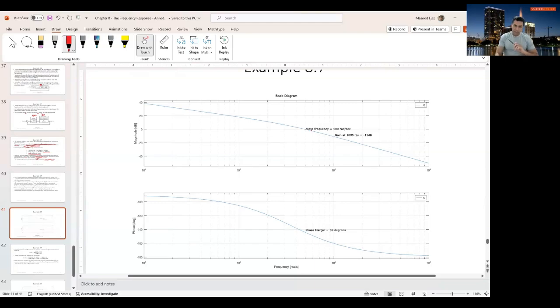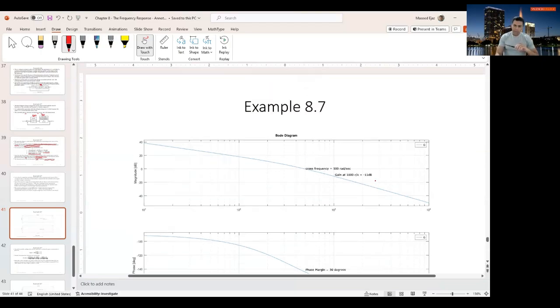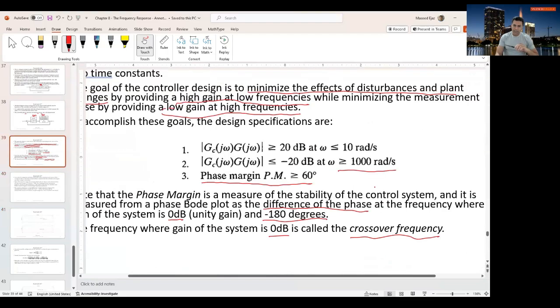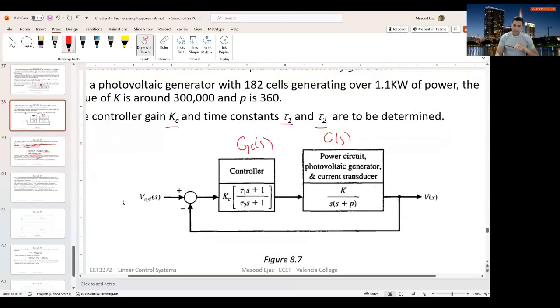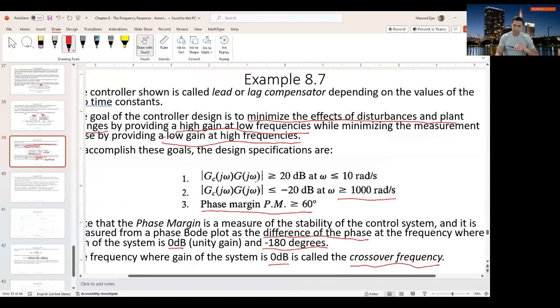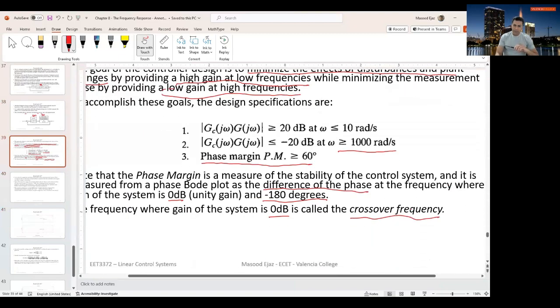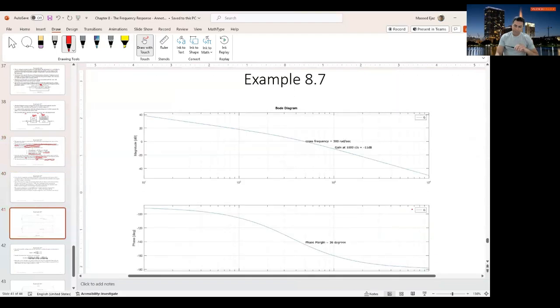That's why you see clean curves over here, but not sudden changes that we have in approximate Bode plot. So anyways, I plotted G(s), which is this K over s plus p, G(j omega). So I plotted that using Bode plot.